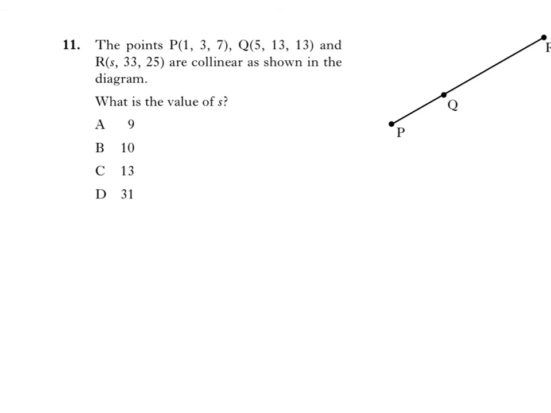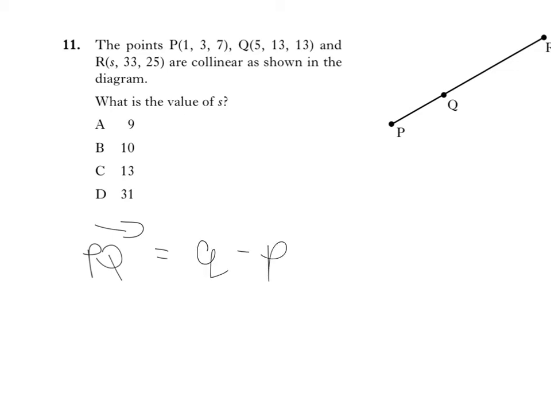Section 7, question 4. The points P, Q and R are collinear as shown in the diagram. What is the value of S? So I'm going to first of all investigate PQ.